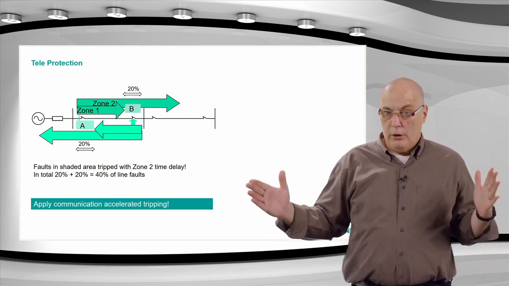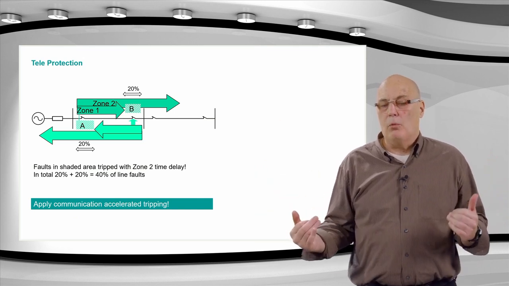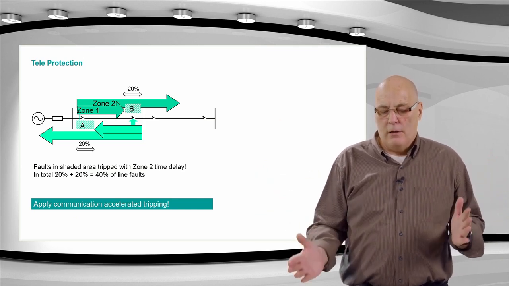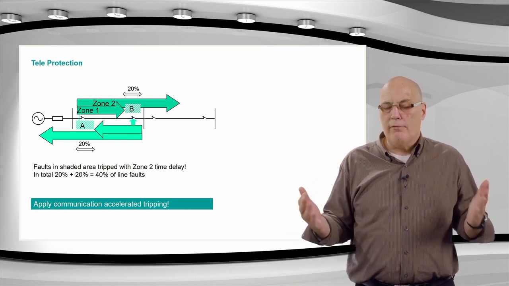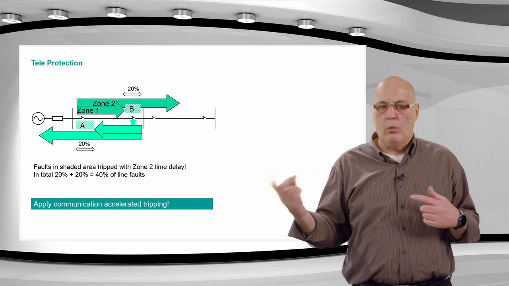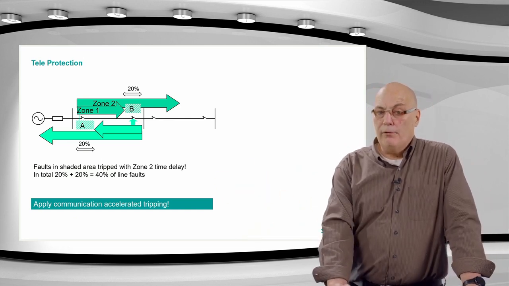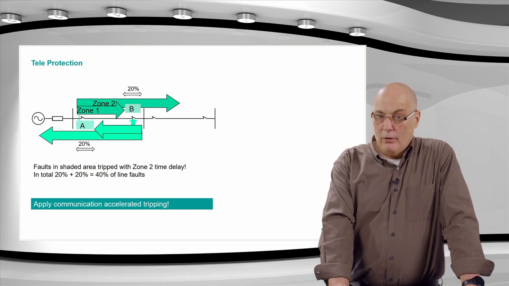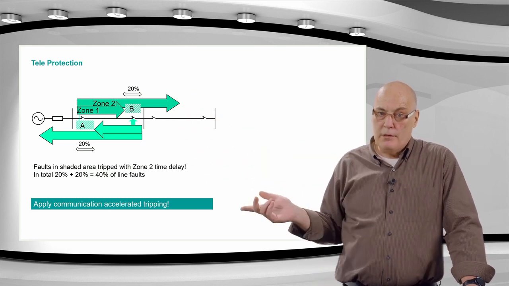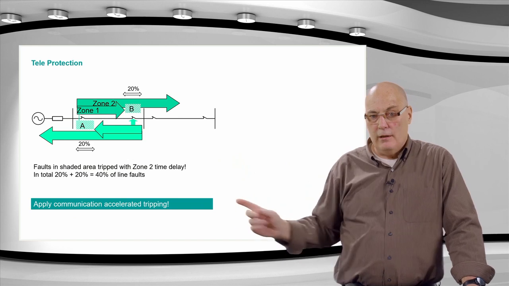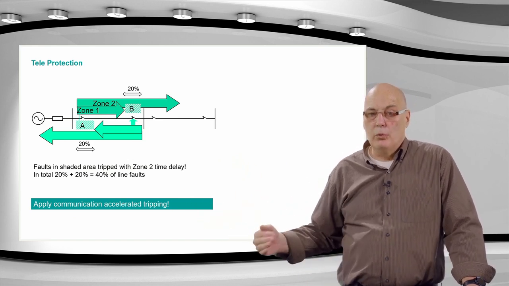So if you look at the total line length, those two shaded areas sum up to 40%, almost half the line. So if you assume your line faults, purely statistically, almost half the faults you will have will be either in A or in B, if your faults can be anywhere. That means half the faults on your line are not tripped instantaneously, because for the fault at B, we will have a zone 2 trip on the A side, and for the fault at A, in that shaded area, we will have a zone 2 trip from the B side.